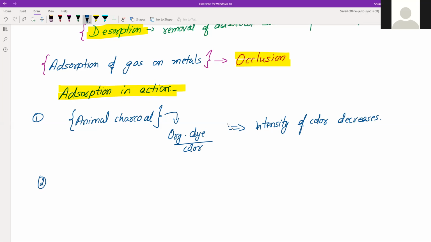Next we have, when we introduce a finely divided solid into a closed vessel containing a gas at low pressure, the pressure of the gas is found to decrease.